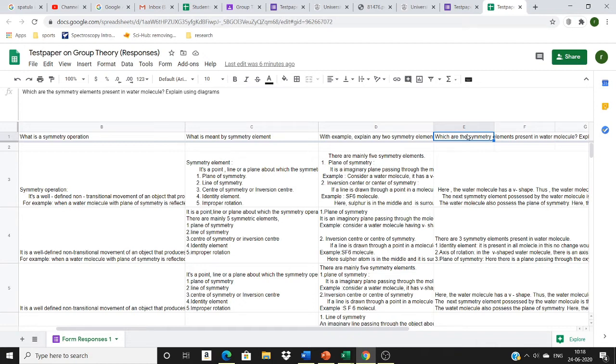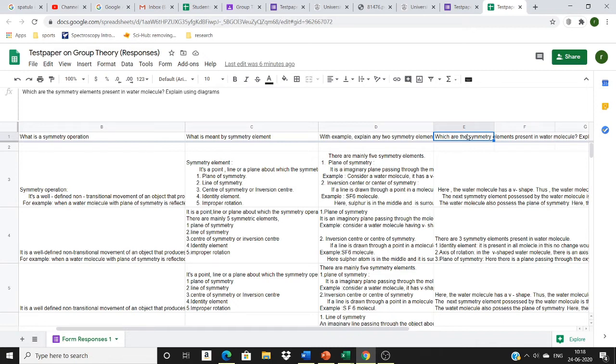And you should specify that rotation through 180 degrees gives a similar appearance. Therefore, the axis of symmetry in the water molecule is a two-fold axis. So it can be written as capital C suffix 2, so it is the C2 axis of symmetry.